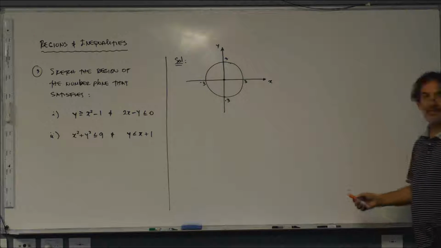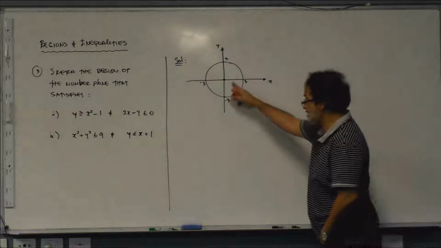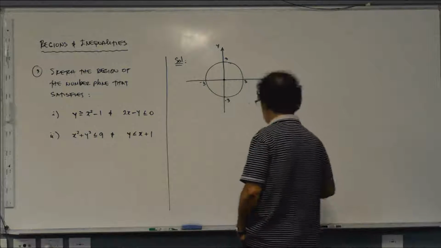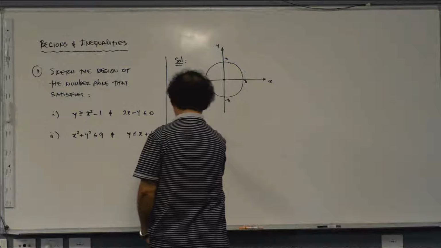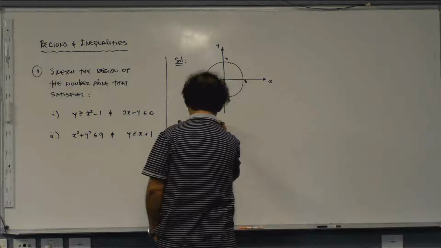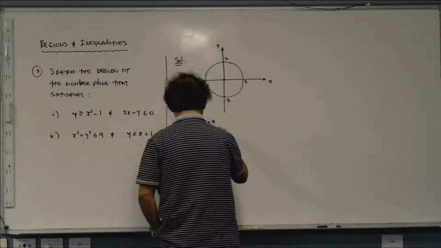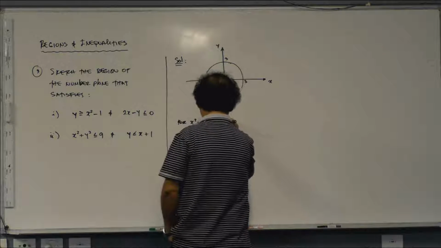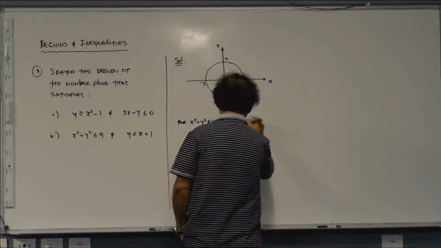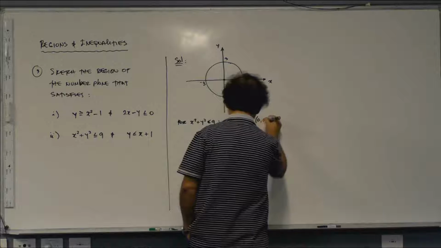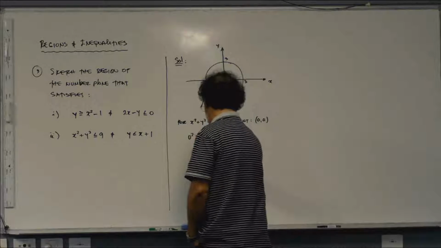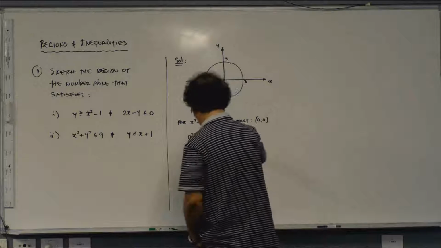Okay, and then we're going to see if the origin satisfies this inequality. So I'm going to say for x squared plus y squared equals 9, or less than or equal to 9, test point. Again, you can see that 0, 0 is very popular. So we have 0 squared plus 0 squared.